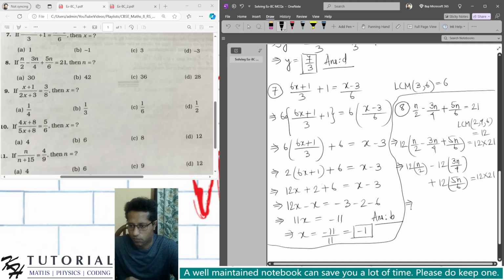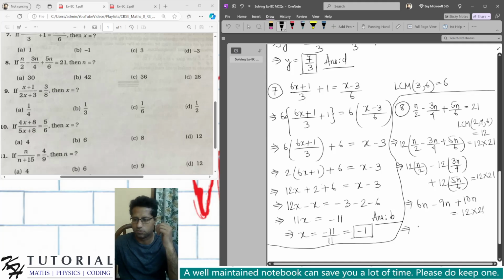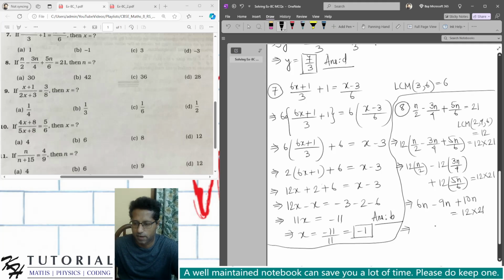This implies, if you do all the products on the left hand side, we get 6n minus 9n plus 10n is equal to 12 into 21. So this implies if you add up the variable terms on the LHS, we get 16n minus 9n, that is 7n. 7n is equal to 12 into 21.